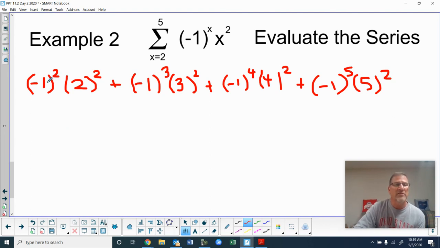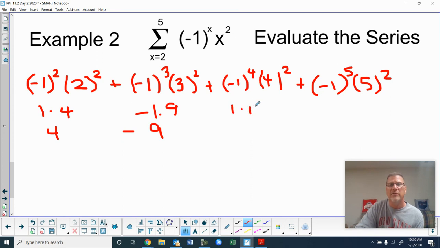So remember, -1 squared is 1, positive, and 2 squared is 4, so that's 4. -1 cubed, remember, is 3 negatives, odd number of negatives, so that's -1, and 3 squared is 9, so that's a -9. -1 to the 4th, again, even number for our exponent, that's an even number of negatives, +1, and 4 squared is 16, so this would be +16.